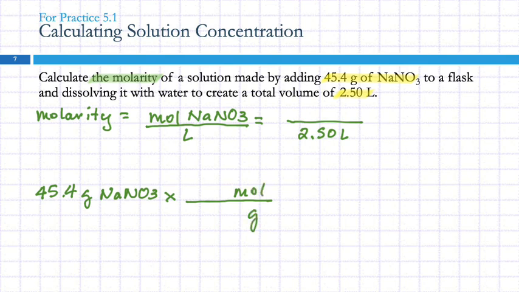And we'll divide by grams to get those units to cancel out. And how do we find the number that goes in this conversion factor? Molar mass, so we need the periodic table, right? So sodium nitrate, there's one sodium, and there's one nitrogen, and there's 3 oxygens. And we add those up.